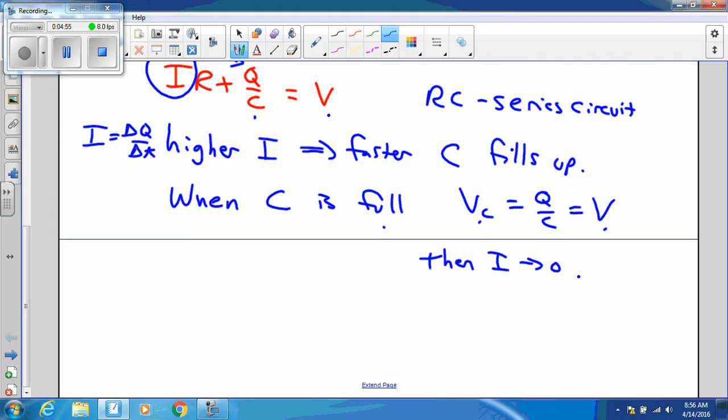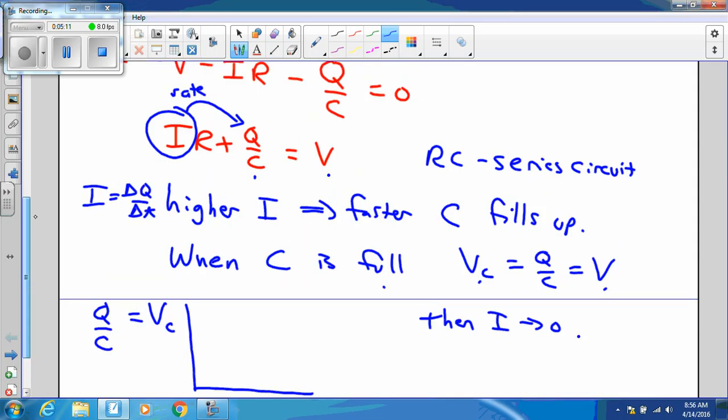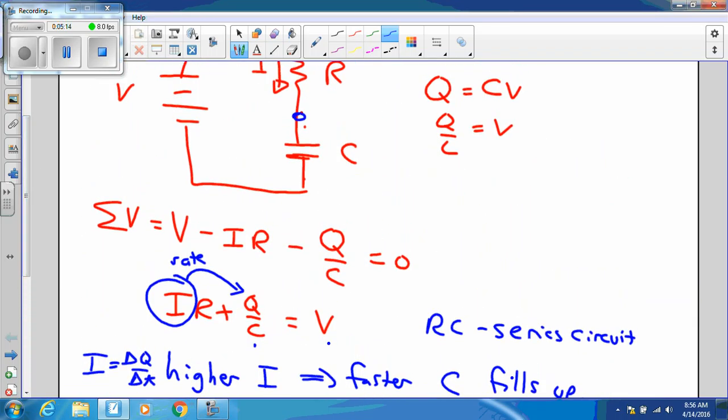Okay? Now let's actually take these two principles right here and see if we can draw ourselves a graph of the voltage across the capacitor as a function of time. We're going to examine the voltage drop across the capacitor VC right here as measured by a voltmeter, which is what we did in the video of our experiment.